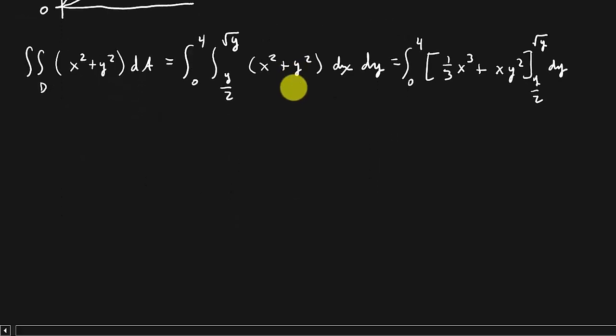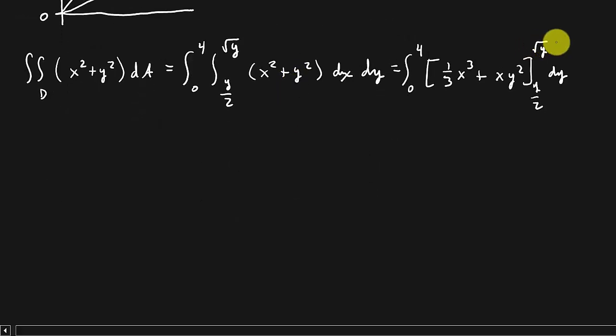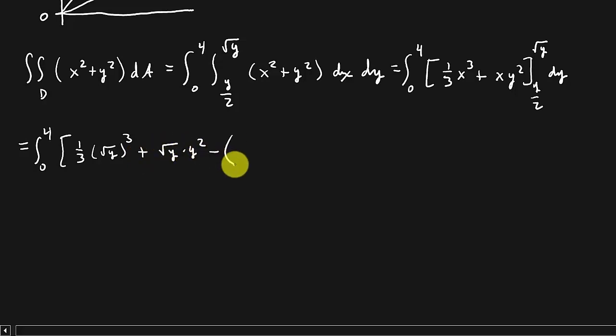All right, so we need to evaluate this in here. And so that's going to be 0 to 4, and that is going to be 1/3 times the square root of y cubed plus the square root of y times y squared, minus, okay, so I just took the square root of y and plugged it in for x.